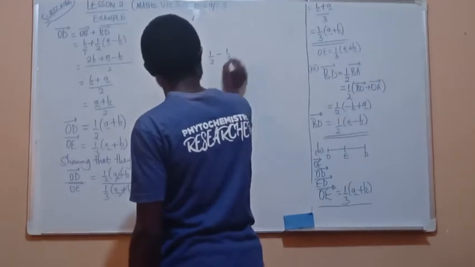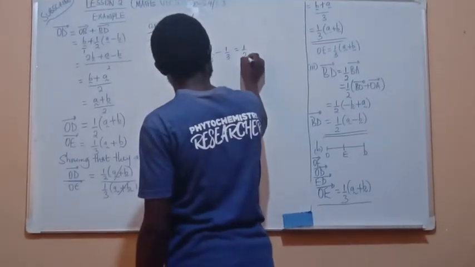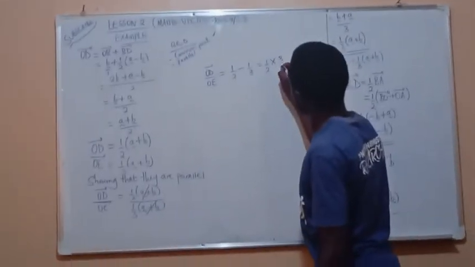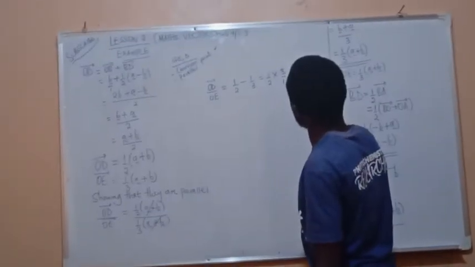This is the same as a half times the reciprocal, which is 3 out of 1. So it is the same as 3 out of 2.